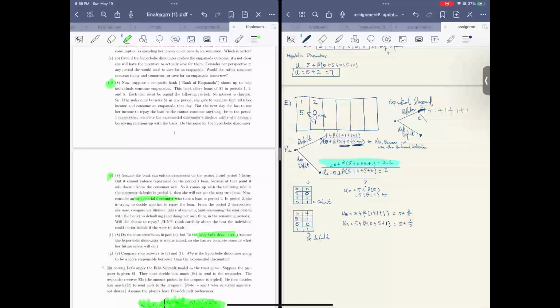And if you're eating a banana, it would be 0 plus 5 plus 0 plus 5 plus 1.